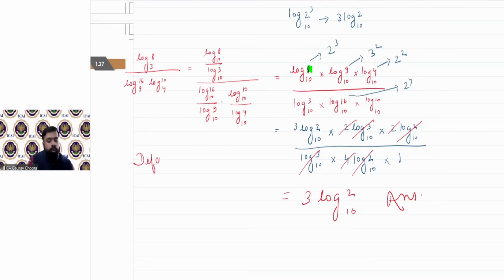So the default log base is 10. All right. Understood?